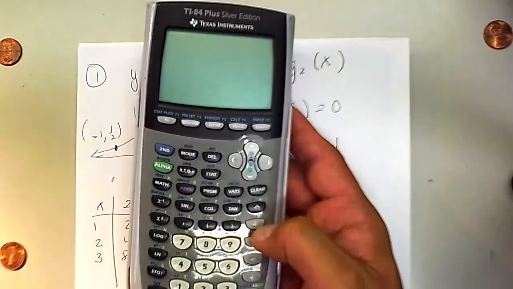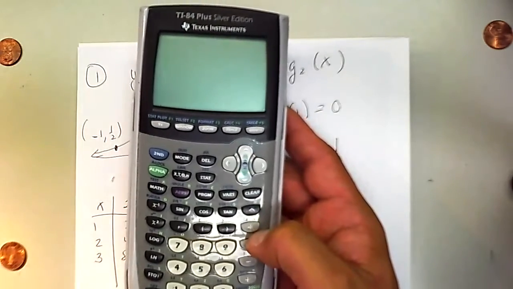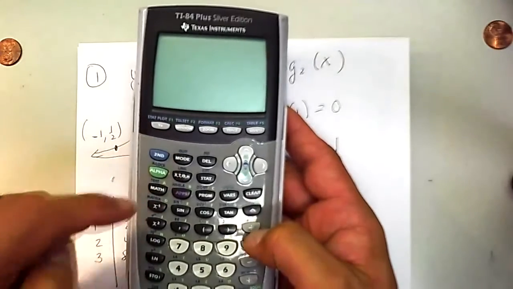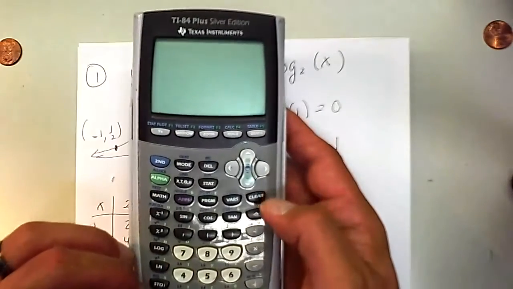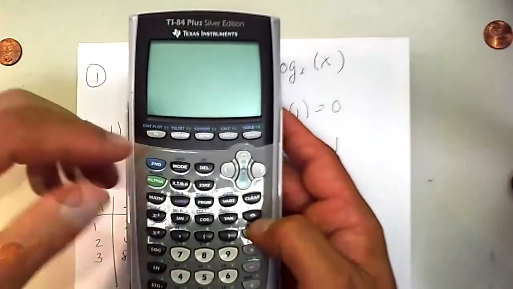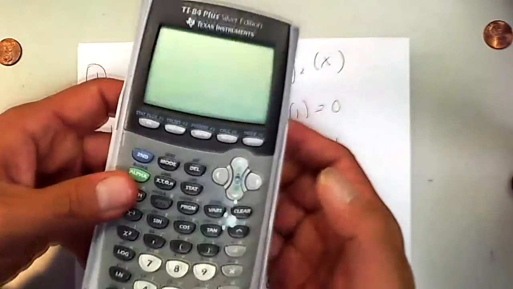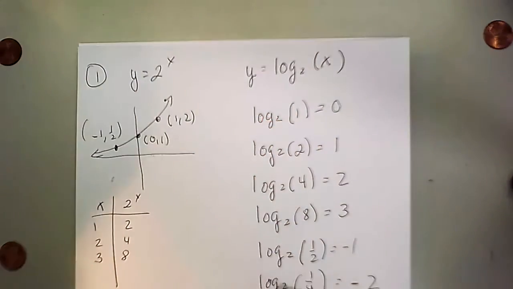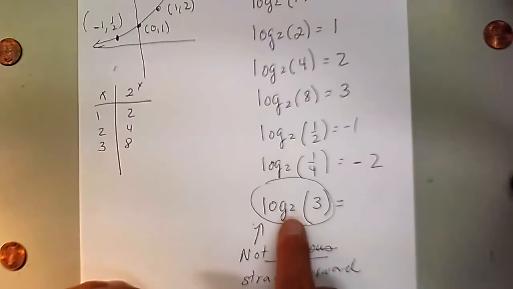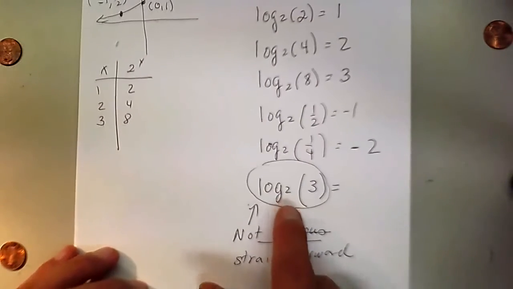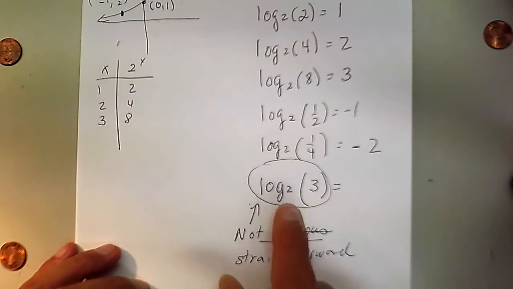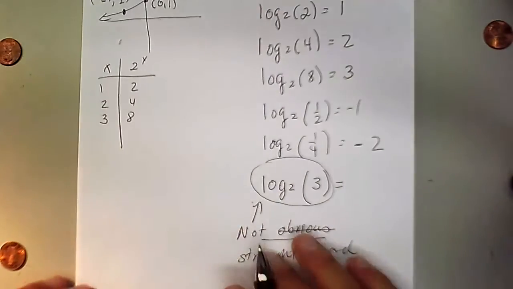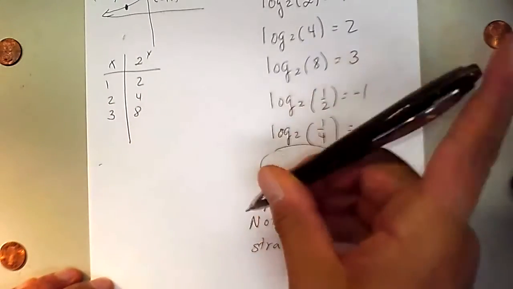I don't know why engineers didn't do that. Maybe it is in the menu and I just don't know, because there are many things that are not on the keyboard but are in the menu. But the reason why I'm bringing this up is because calculators don't have logarithm base 2, or logarithm base 3, or logarithm base 4. They have two logarithms.